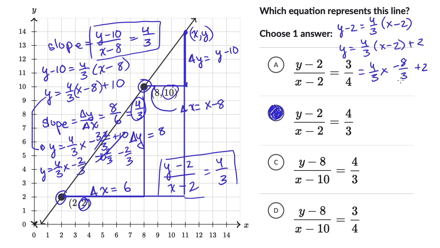Negative 8/3 is the same thing as negative 2 and 2/3. Well, if I have negative 2 and 2/3 and then I add 2, that adds up to negative 2/3. So this is all equal to 4/3 x minus 2/3, which is exactly what I got from that other equation. So even if they looked pretty different to begin with, they both are actually the same fundamental equation.